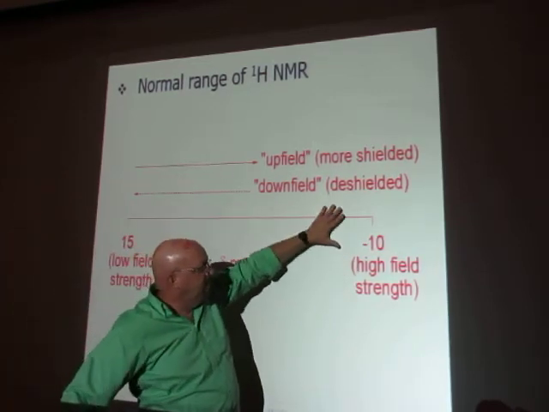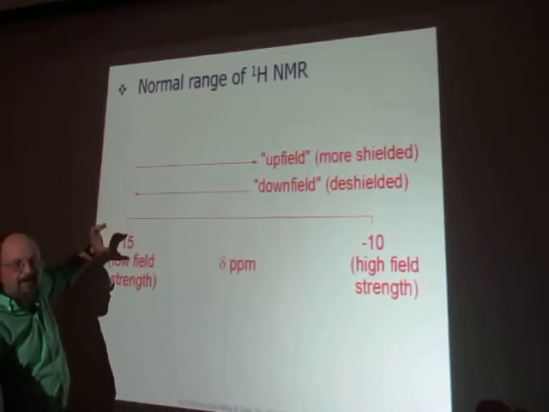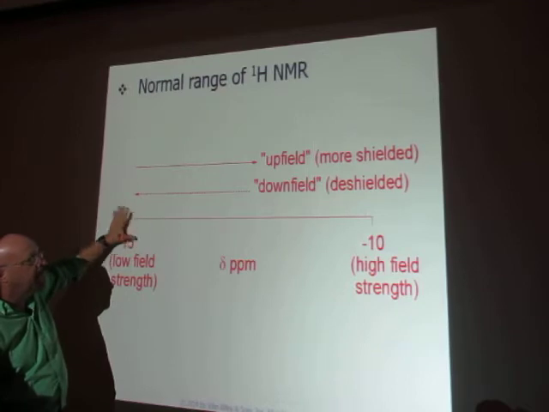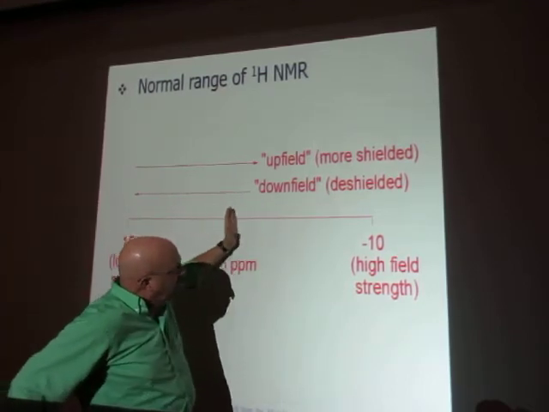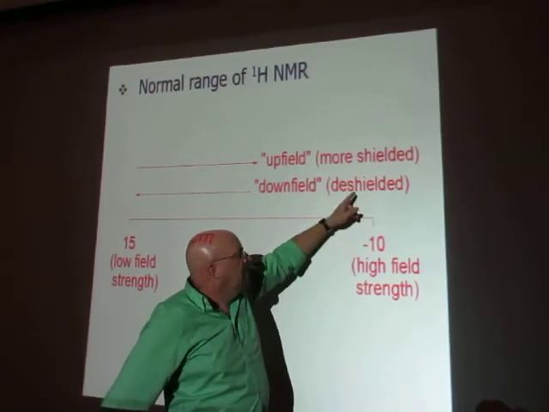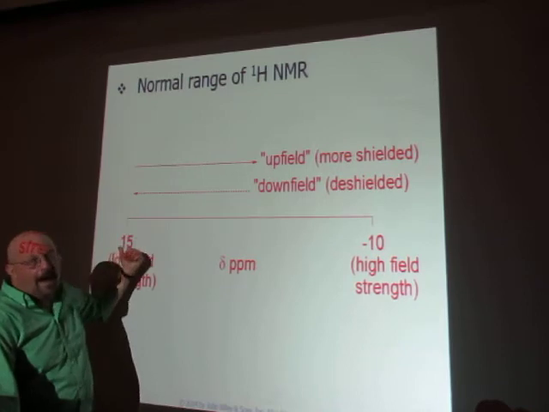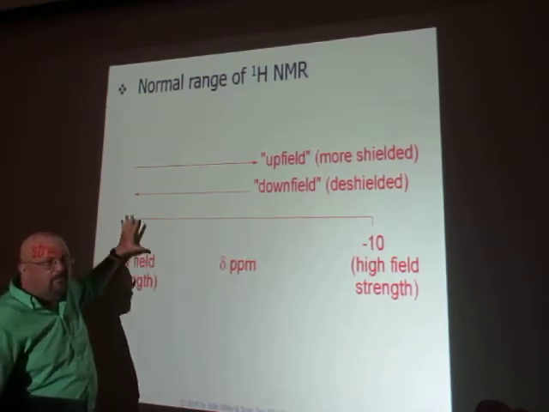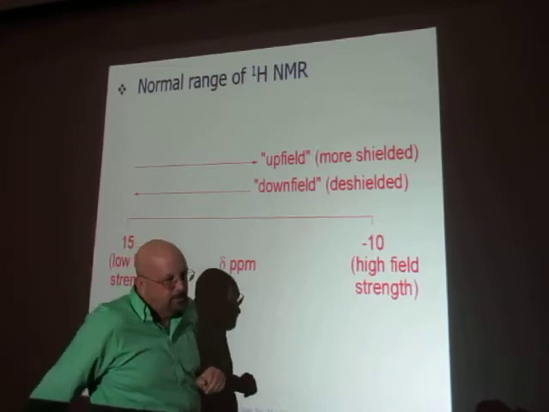So your high field is low ppm values. Your low field is the higher ppm values. I know that's counterintuitive, but that's the way it goes. So things that are shielded are going to be shifted in this direction. If it's something that's de-shielded, it's going to go downfield toward the higher ppm values. This is your downfield region. That's things that are de-shielded.